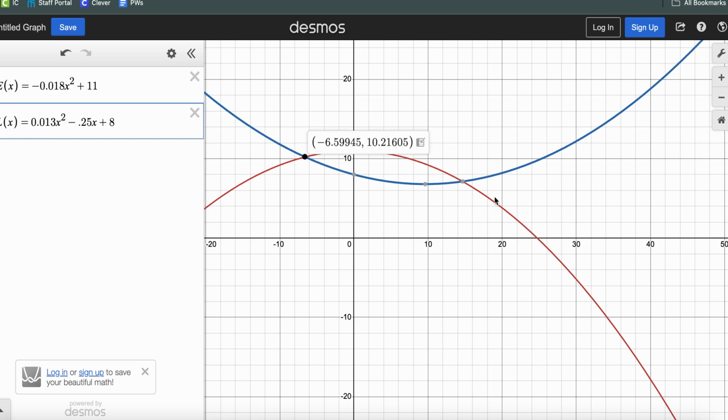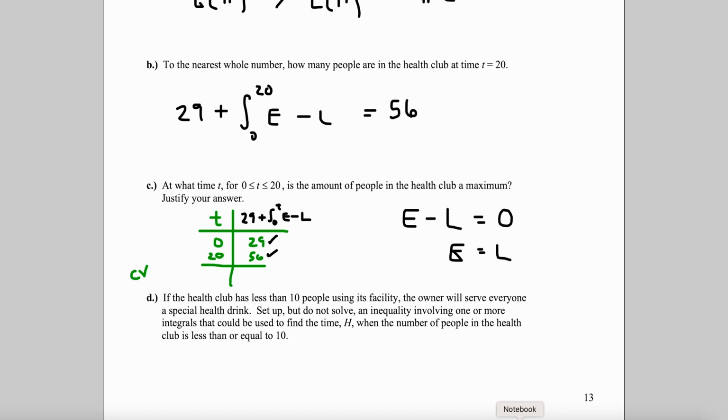This one makes no sense. This is the one we want, 14.664. So I take that 14.664 and sub it in to this expression up here. I'm going to end up with about 67. And there's your winner.